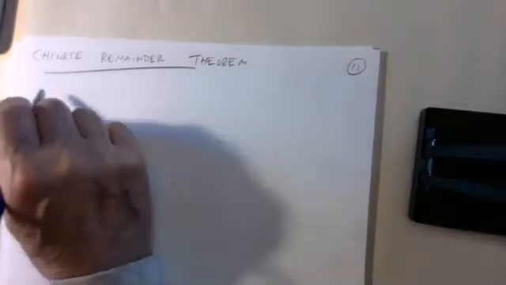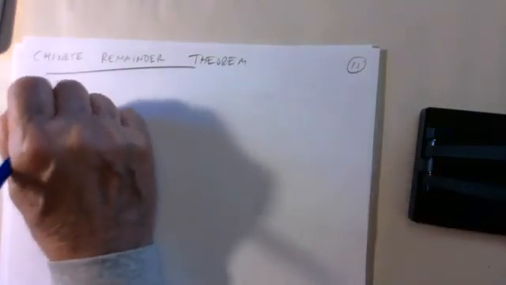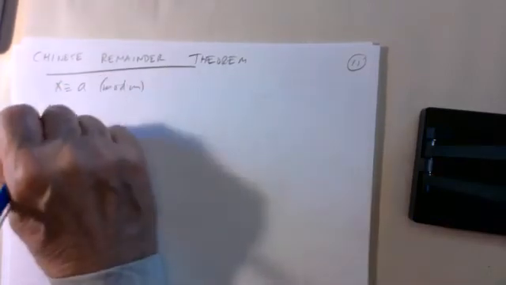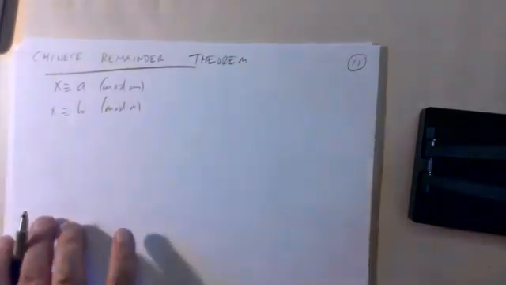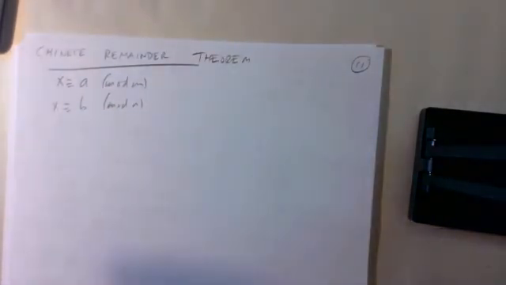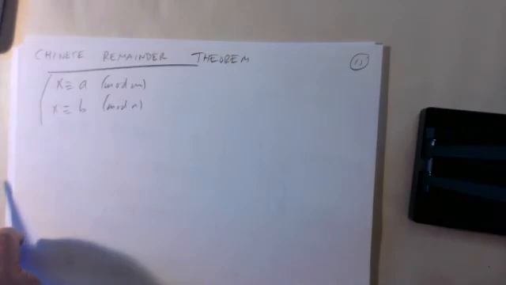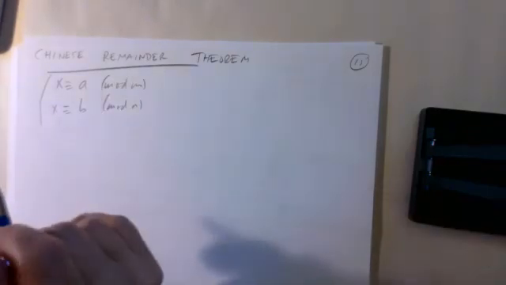So we're interested in finding one number x, where x is congruent to a mod m, and the same x is congruent to b mod n. And we want to know, when can we solve? It's like two equations that you have to solve. And sometimes there's no solution.